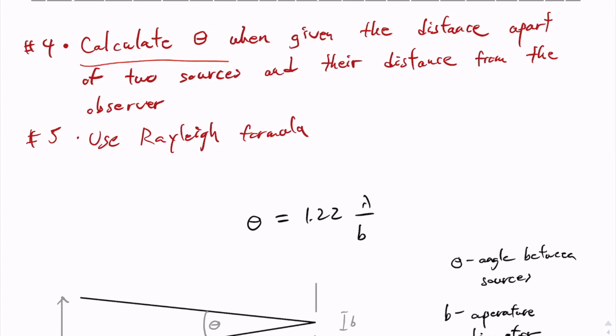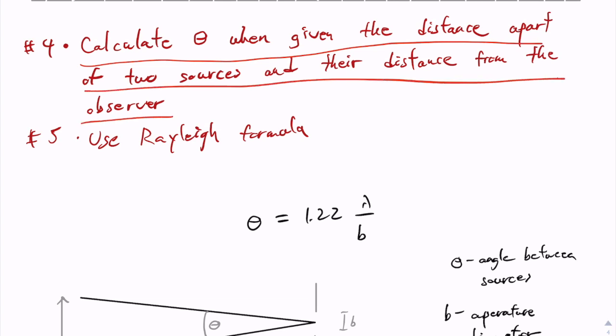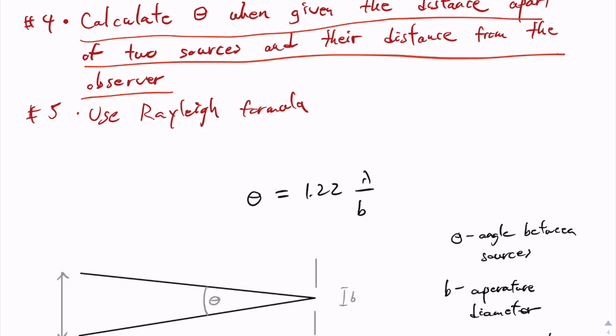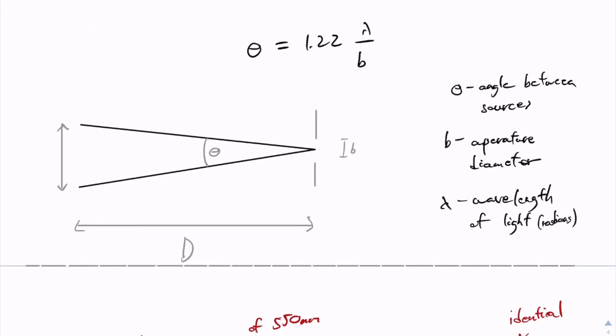And then we need to learn to calculate the angle given the distance apart of two sources and their distance of the observer. So we're going to be mastering this or a few variations of this over our next two examples right here. Okay, so just to illustrate, we might have two objects right here. This is where the observer is.